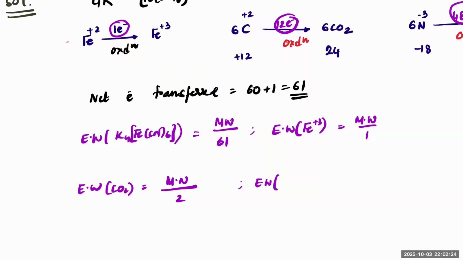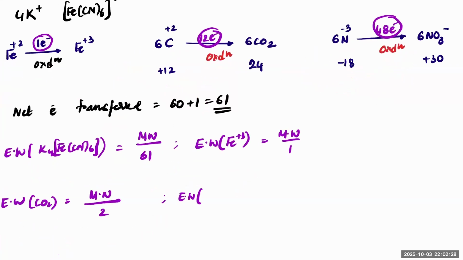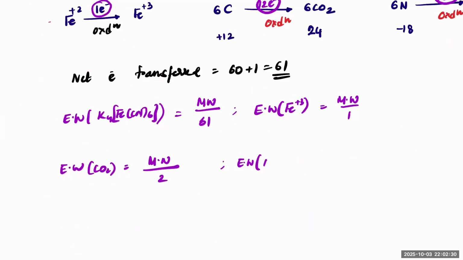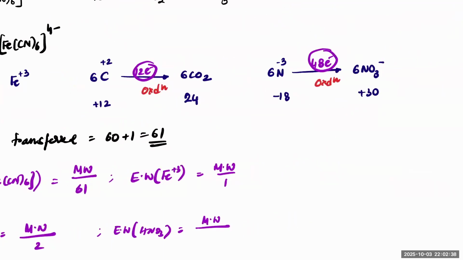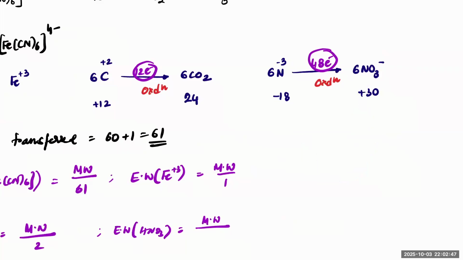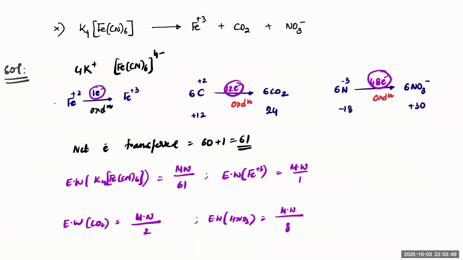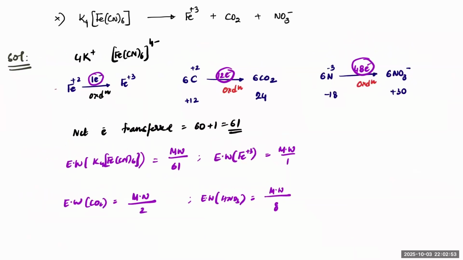Next, equivalent weight of HNO3. That will be equal to molecular weight by, for one nitrogen, how many electrons are we transferring here? Here it is plus 5 and here it is minus 3. Correct? So 8 electrons have been transferred. Please check. Any doubt?